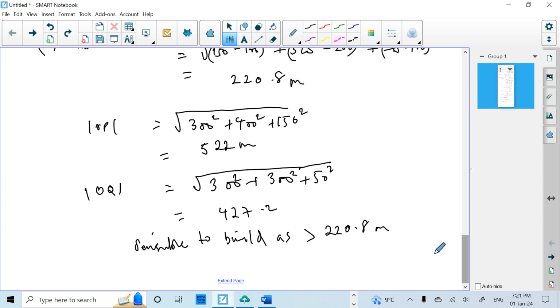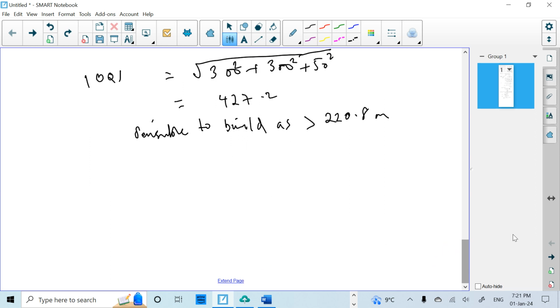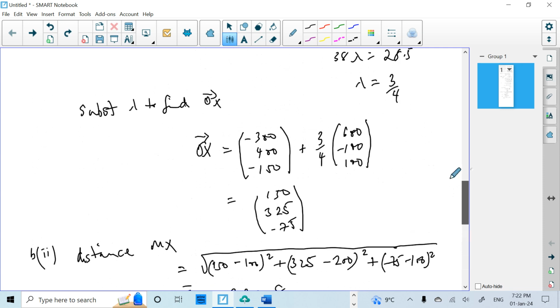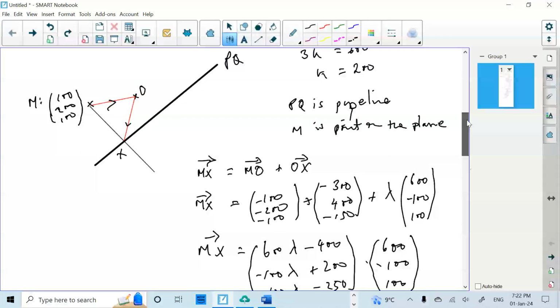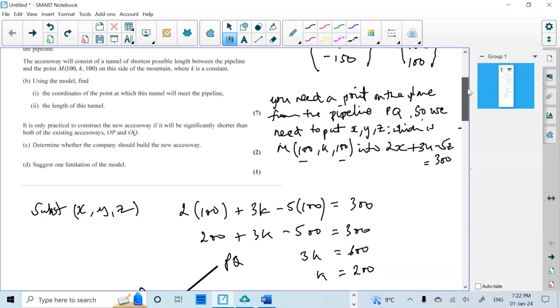Now, finally, a limitation, because I want to finish at 23 minutes. That's a long time for just 12 marks. A limitation of the system: we're talking about modeling a plane for a mountain.